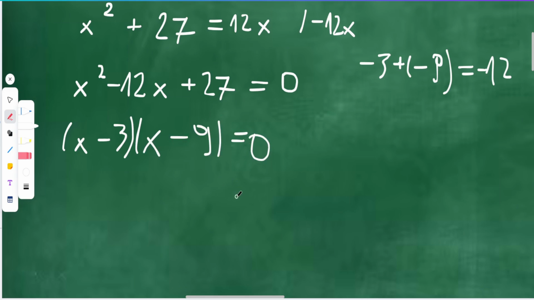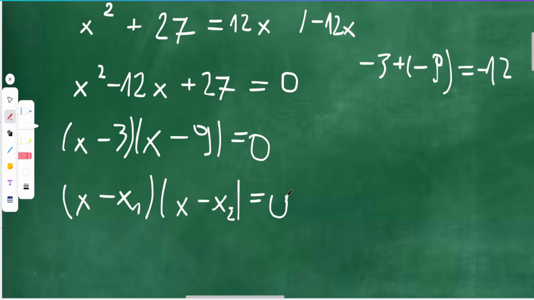However, it is worth remembering that the form of the quadratic function that looks like this is the product form, and in the algebraic formula, it looks like this. In short thinking, it means that each zero place is hidden here with the opposite sign.